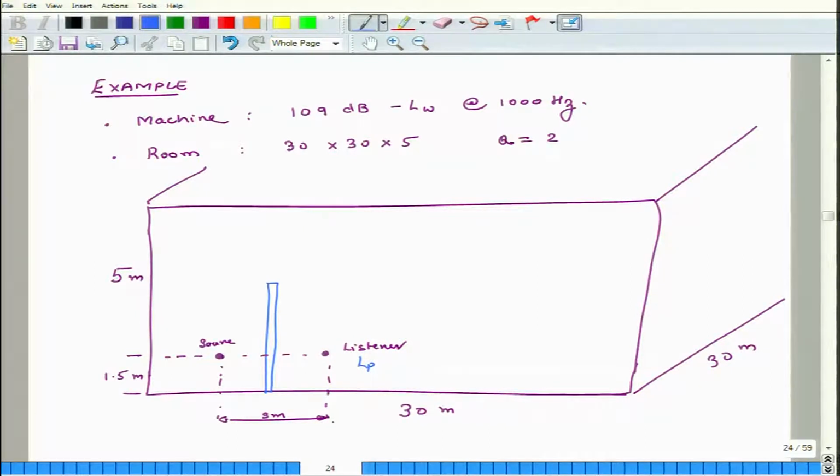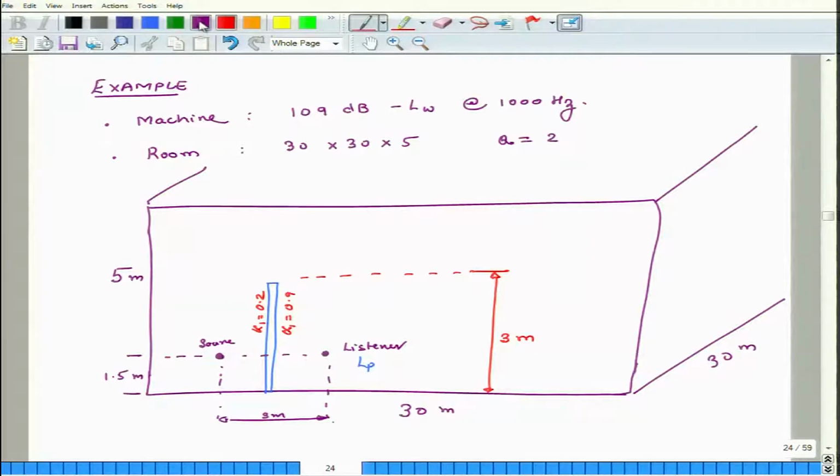So, to know that, I have to give some details of the barrier also. So, on this surface alpha 1 is 0.2 and on the other surface alpha 2 is 0.9, and the barrier is overall 3 meters tall. The height of the barrier is 3 meters. Okay.